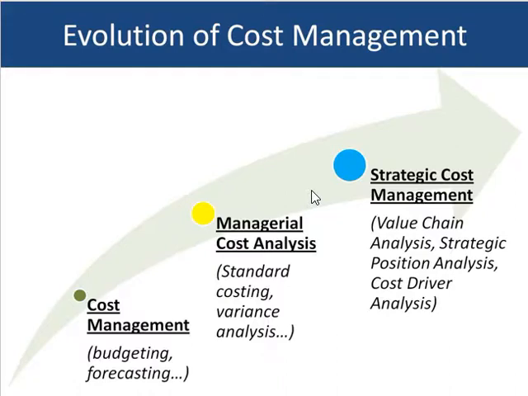Strategic cost management, on the other hand, is very different, and that's what we'll be spending most of our time on. One key takeaway here is we are not going to be doing your standard activity-based costing models or, say, variance analysis. That's what we did in Accounting 320, and that's not the purpose of this course.